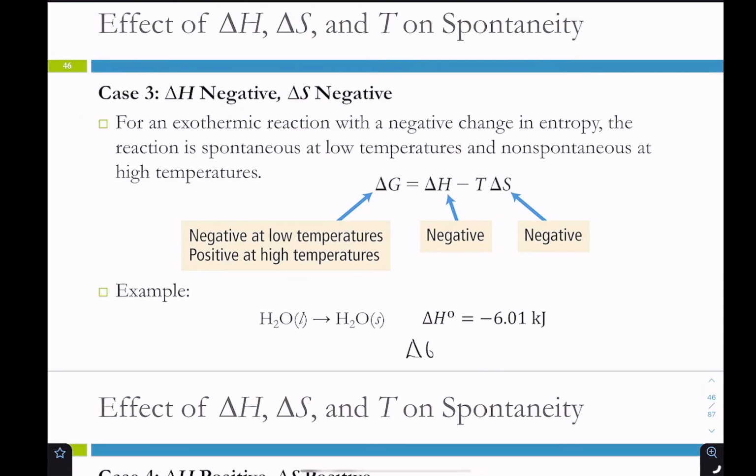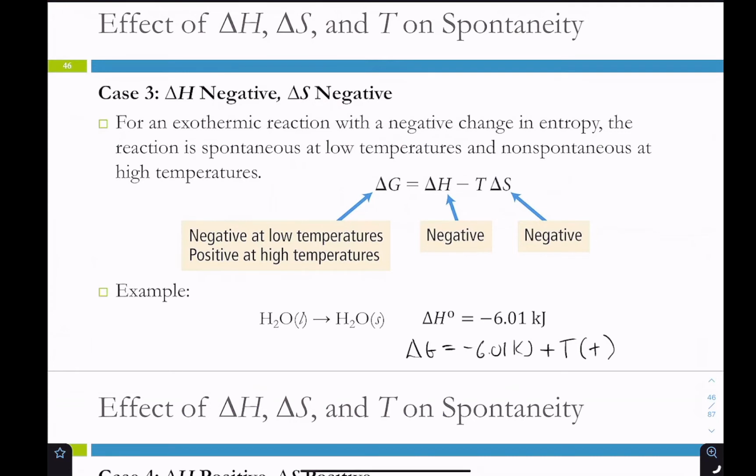So our delta G is going to be equal to negative 6.01 kilojoules minus T, and now times negative, because we're decreasing the entropy by constraining the water. So that makes this positive, right?